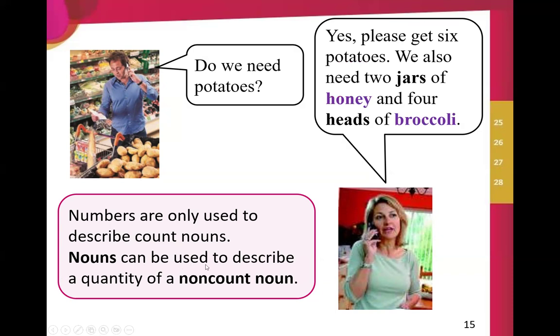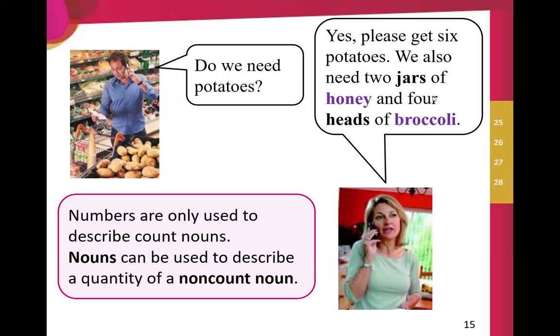Nouns can be used to describe what? Nouns can be used to describe quantity of non-count nouns.